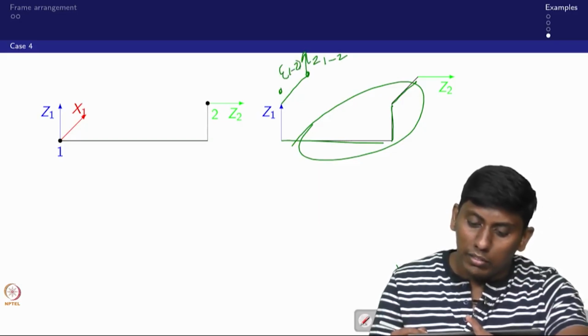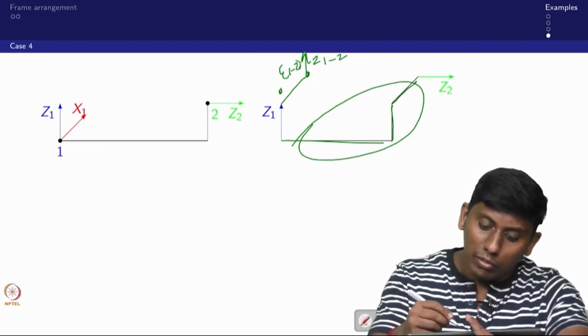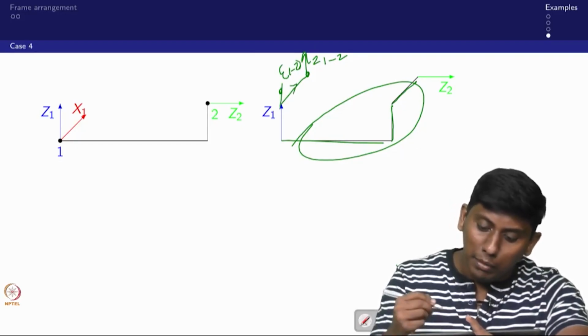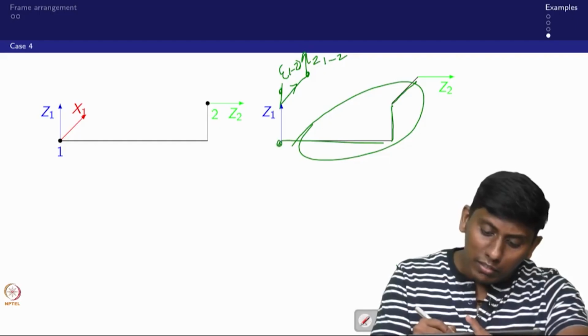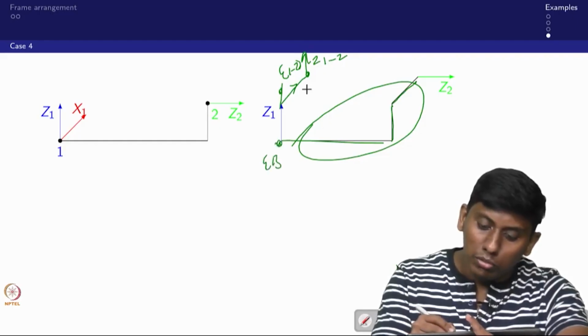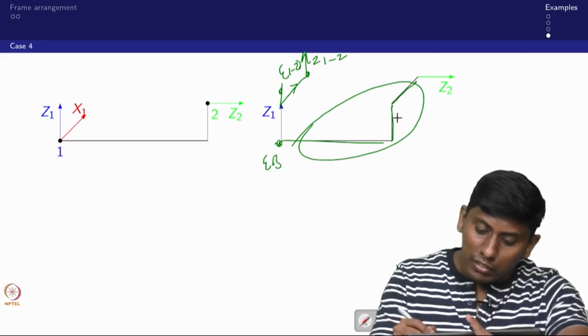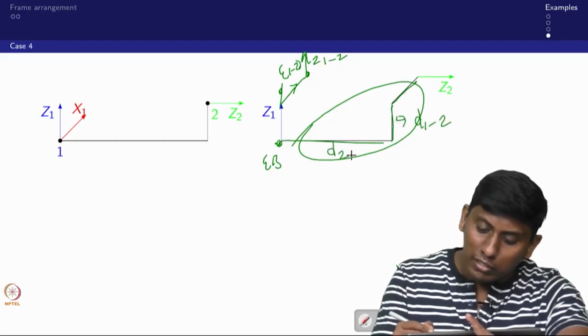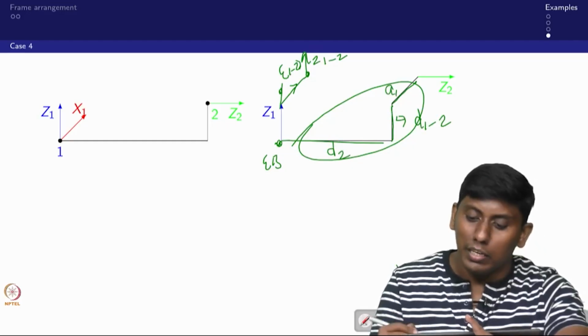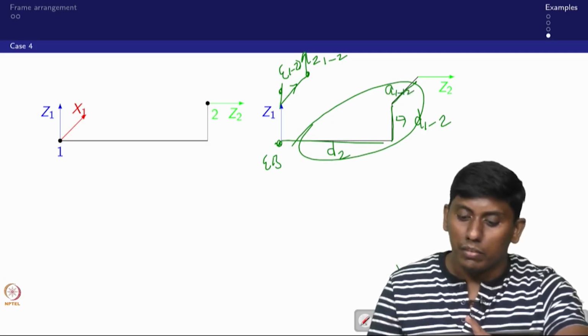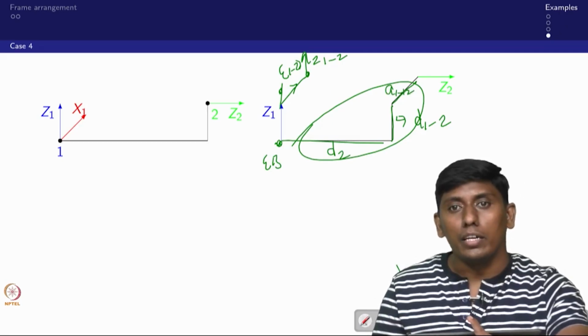So in that sense, what would be the direction of x? It is parallel, so I can keep it, and this distance, so this is 1 and this is 1 2, this distance will come as d1 2, this distance will come as d2, and this will come as a1 to 2, right. So like that you can cover it.